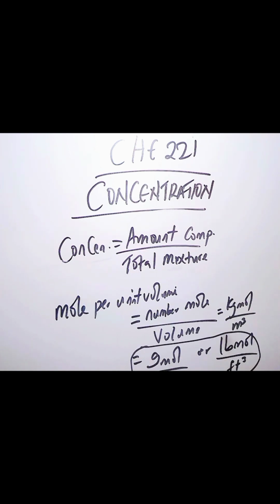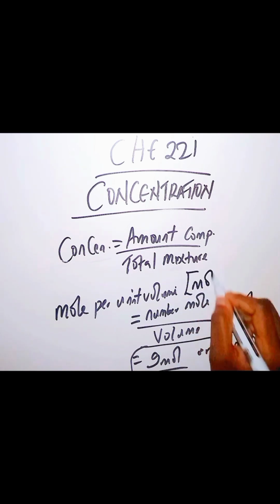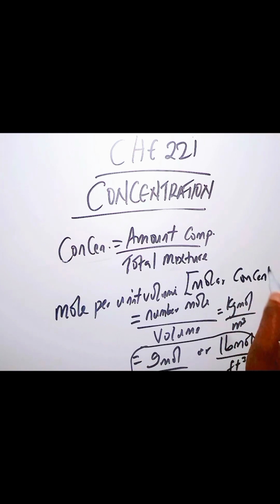So concentration can be expressed in terms of mole per unit volume, and this is the formula: number of moles divided by the volume of the mixture. In other words, this can be referred to as molar concentration. So concentration can be expressed in mass concentration, molar concentration.